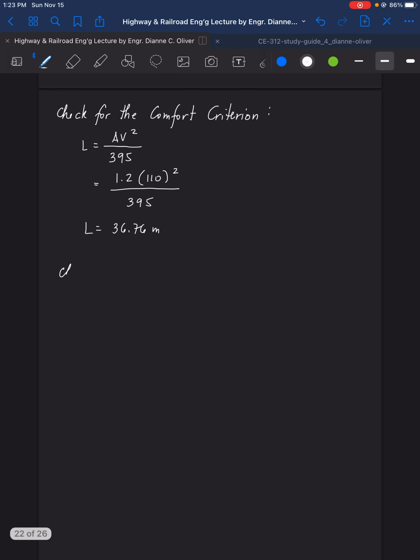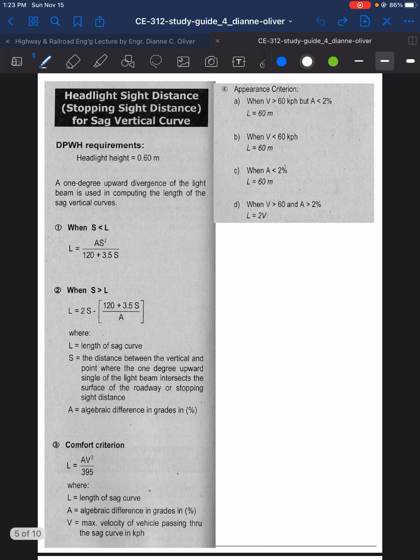Then let's try to check for the appearance criterion. For the appearance criterion, so this portion here, we will check if one of them is applicable for this problem.